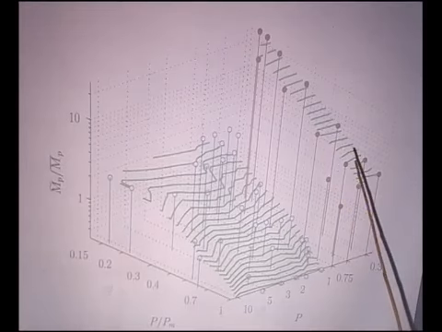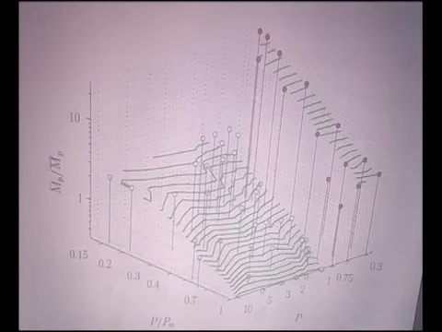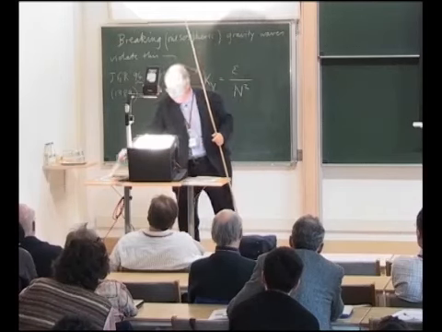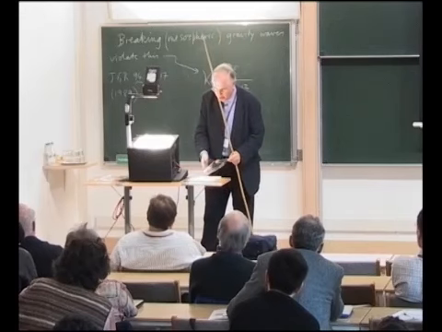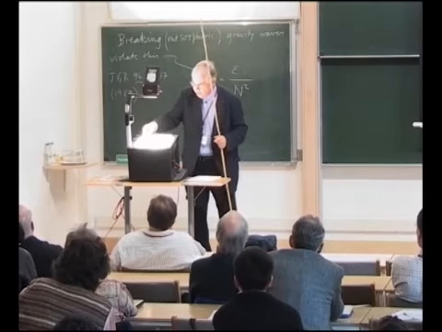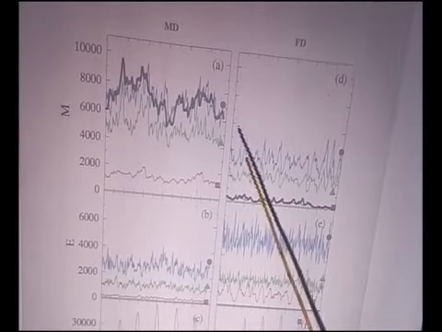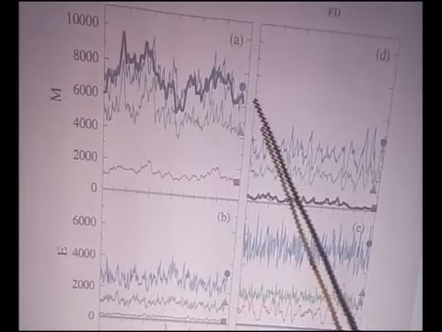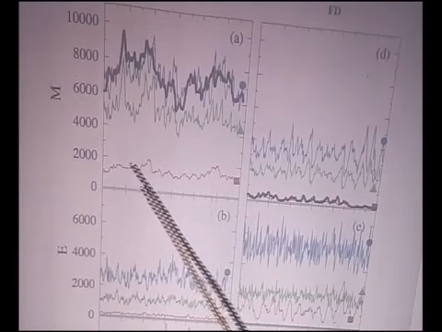And then there are other dynamos at low Prandtl number which have a strong fluctuating magnetic field and only a relatively weak mean magnetic field. And this suggests that there is really a hysteretic system here. But before I show that, I want to characterize these two types of dynamos.